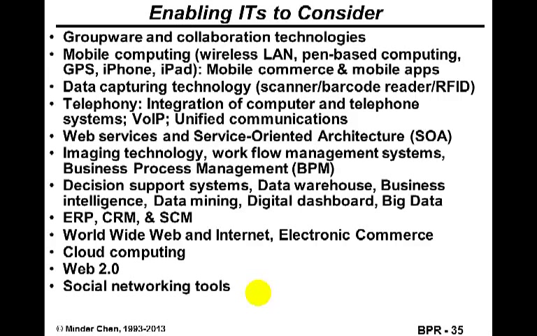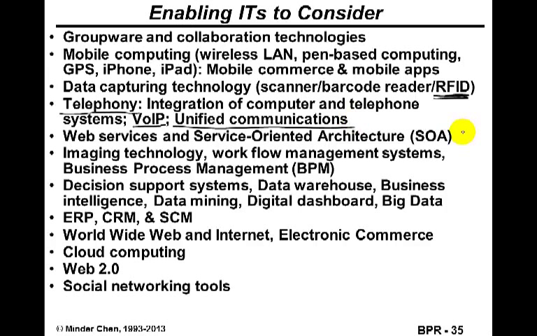Here's just a list of some of the existing or emerging information technology, from collaboration technology to mobile computing, and some data capturing technology, particularly like RFID. Telephony is a system which allowed us to integrate computer and telephone system, particularly using voice over IP, and sometimes we call it a unified communication system as well.